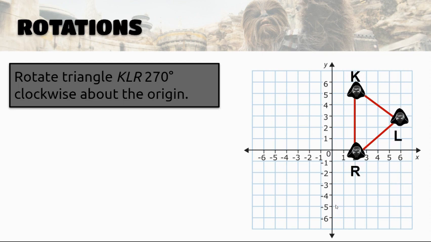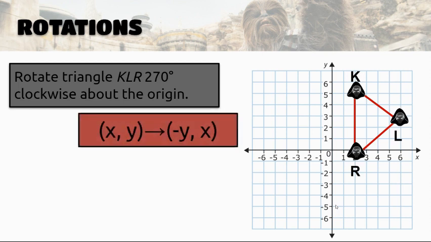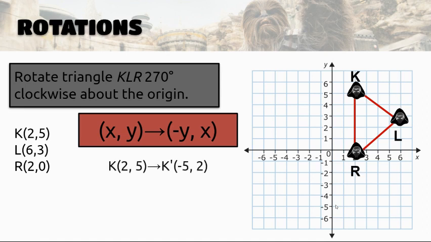So I said 270 clockwise. So the rule for 270 clockwise is (x, y) becomes (-y, x). So here's our points for KLR. K is at (2, 5), L is at (6, 3), R is at (2, 0). So first things first, we're going to flip all of the x and y's, and then we're going to make the original y value negative. So here we go.